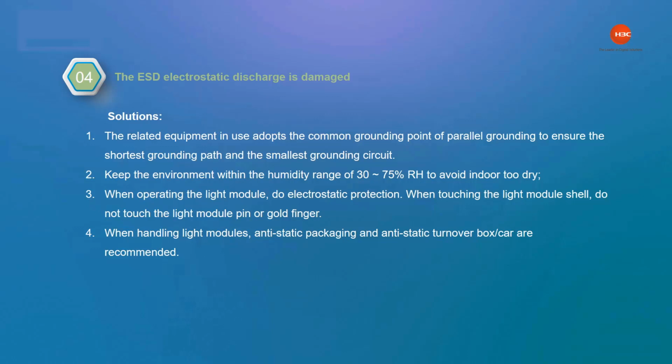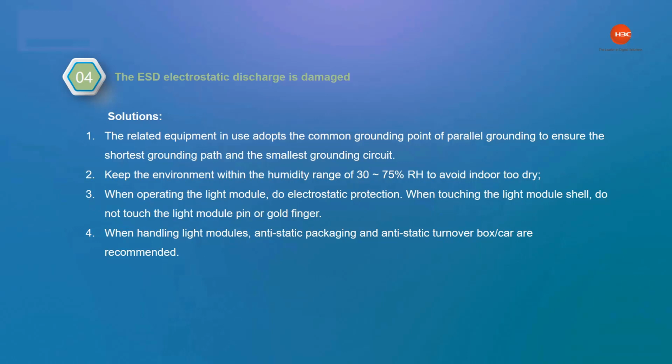2. Keep the environment within the humidity range of 30 to 75% RH and avoid too dry indoors. 3. Do electrostatic protection work. When operating the optical module, wear an electrostatic ring or put your hands in contact with the chassis in advance to release static electricity.